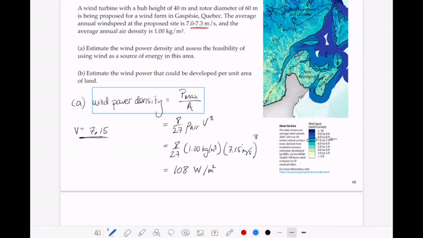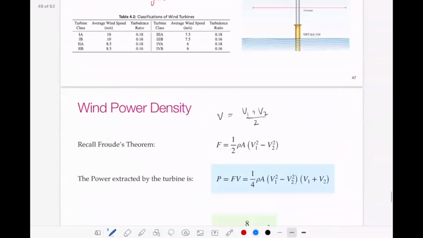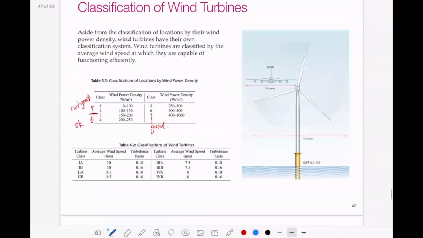So let's compare this result now to our tables. 108 would fall into the class 2 system, so between 100 and 150 watts per meter squared. If we're not above 150, this probably isn't a good site.